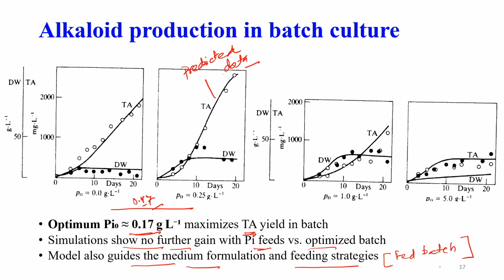For such fermentation one can go for fed batch culture, because you are observing inhibition by the nutrients, and an optimized nutrient condition is required here.